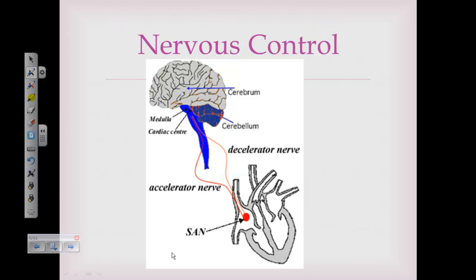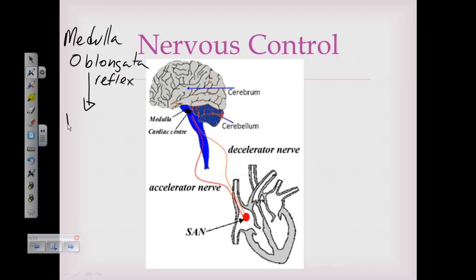But right now, what we're going to talk about is how the medulla oblongata, the part of the brain which is found at the top of the brain stem, is referred to as the reflex center of the brain. It's not the conscious brain, so we don't consciously control our heartbeat. The reflex center is going to send a nervous message along a nerve called the vagus nerve.